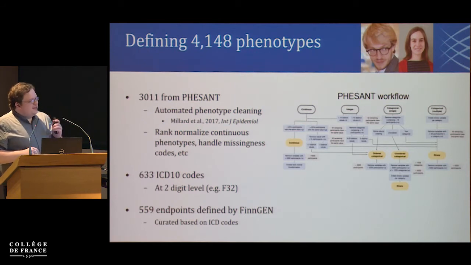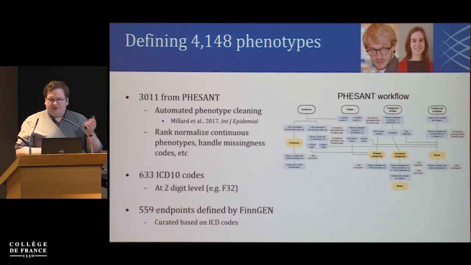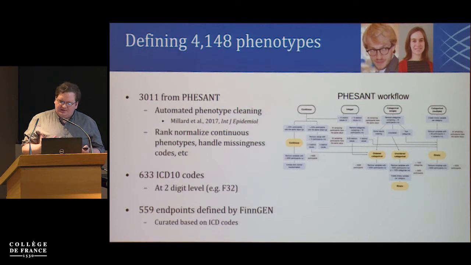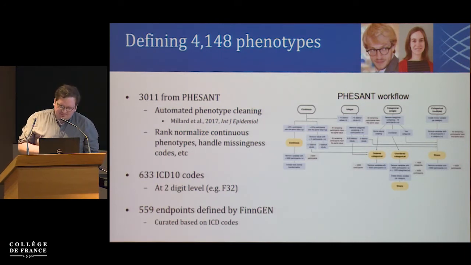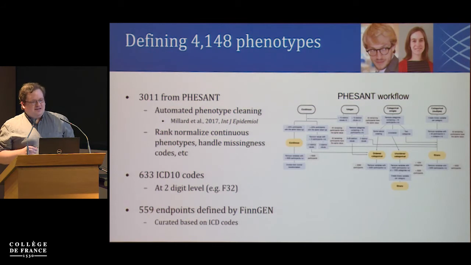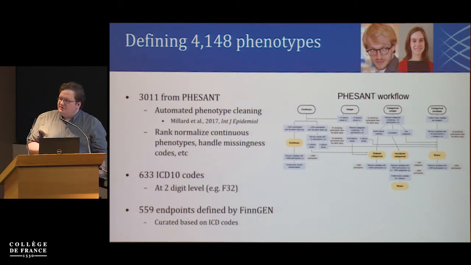So about 3,000 of the phenotypes come from this workflow in PHESANT, off of this encoding of the variables. There's a separate set of variables that are pulled out that are ICD-10 diagnostic codes that we've summarized at the 2-digit level, because again, this gives us a nice uniform rule that we can apply across processing of the raw list of each individual's ICD codes.